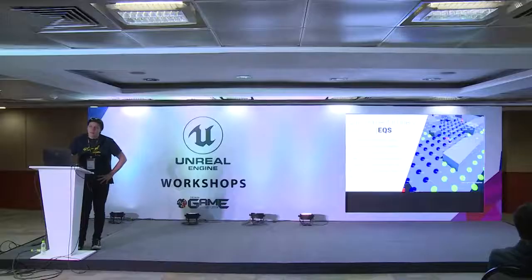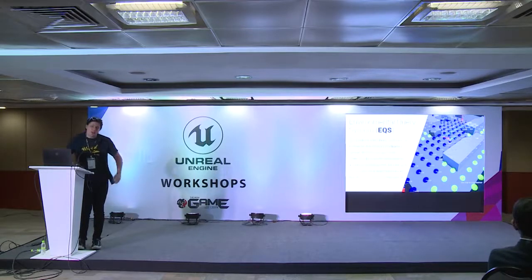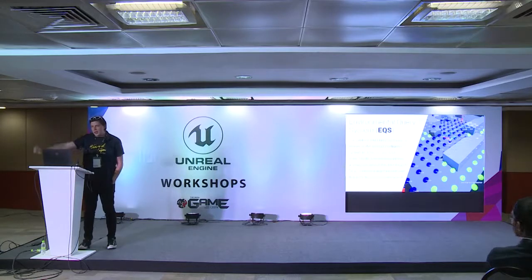I've seen it used outside of AI as well, and that's a really important factor too, because in the same way that you could look at every point in the world and say, look, what's the best place for this AI to move to, your game mode could use EQS to assess every single player in the world and their health, and then find the best position to deploy the super weapon that will make the game fairer. You know what I mean? You could use that same logic of just assessing, with really quick tasks that are getting shot out.